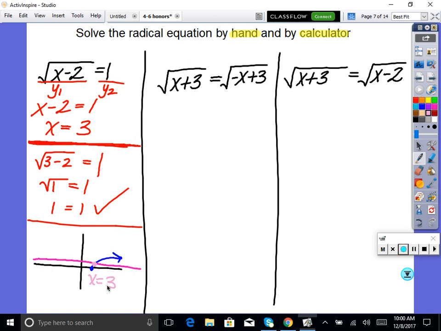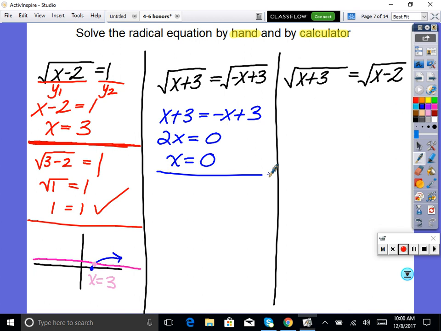Now let's do this one the same way, but let's do it by hand first. Square both sides, won't we? So then we have x plus 3 equals -x plus 3. So add x over. We would have 2x equals 0, so x equals 0. Now let's check it. Does the square root of 0 plus 3 equal the square root of -0 plus 3? Does root 3 equal root 3? Yep.